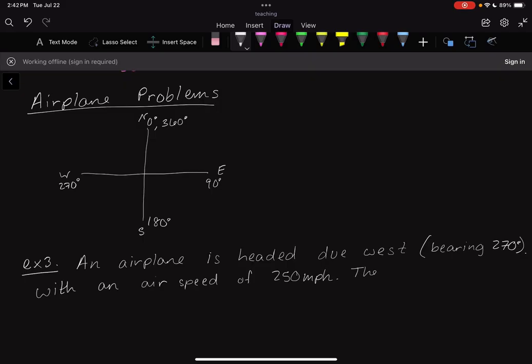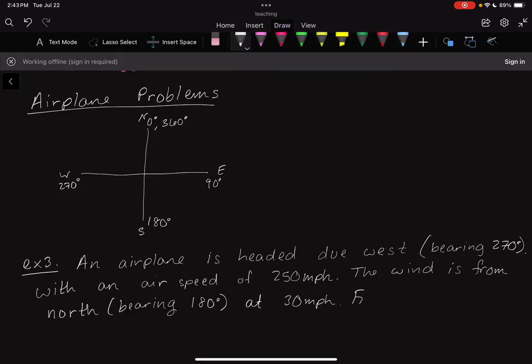The wind is from the north, bearing 180 degrees at 30 miles per hour.